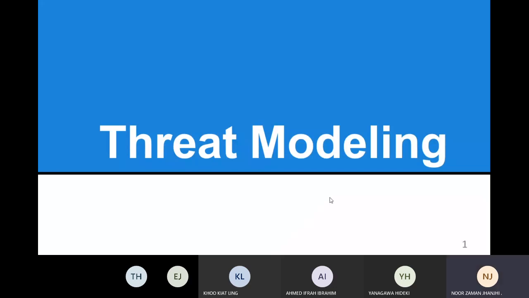So we will learn about the basic and important entities for threat modeling, and also how it can be designed, and what the different types of threat modeling are. We will also learn how we can design a threat model for any of our software or applications.